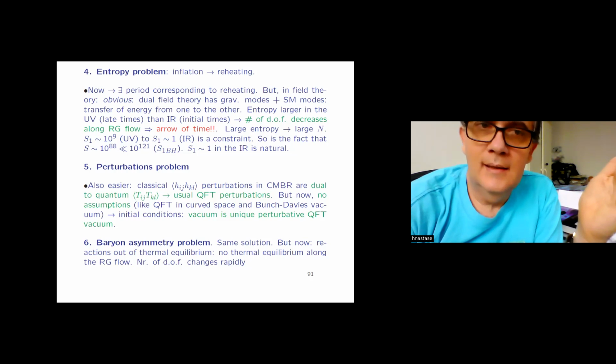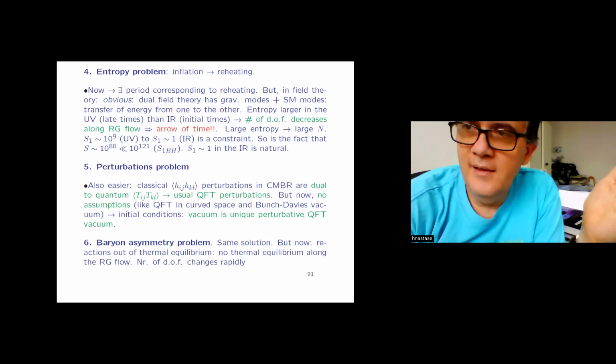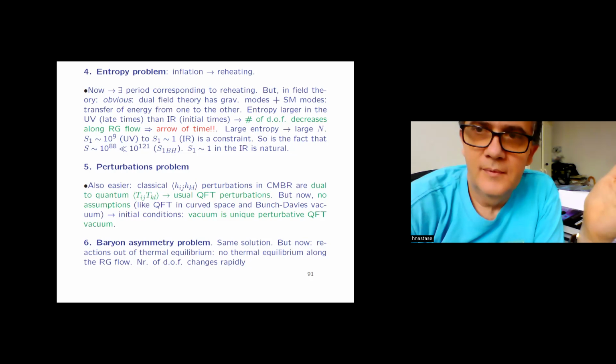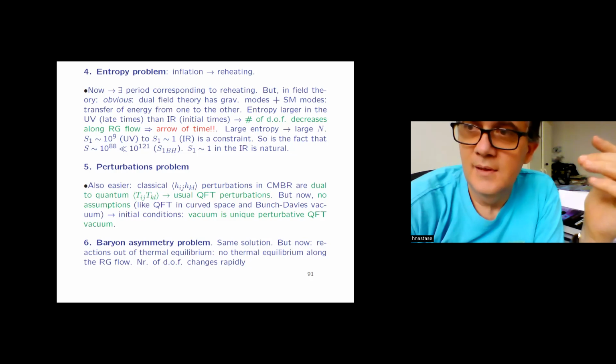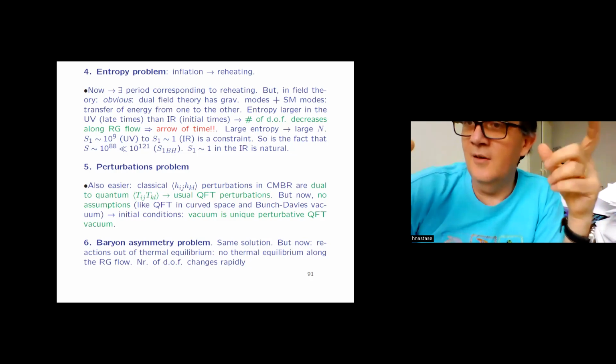But what happens in a field theory along this inverse RG flow? The number of degrees of freedom decreases along the RG flow, right? Because of Kadanoff blocking.